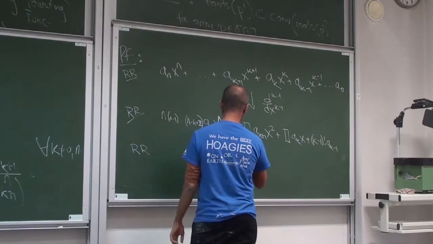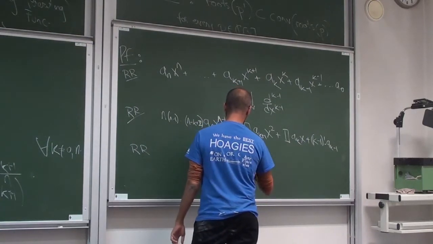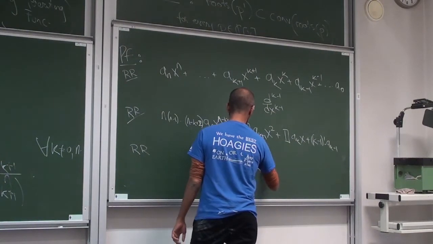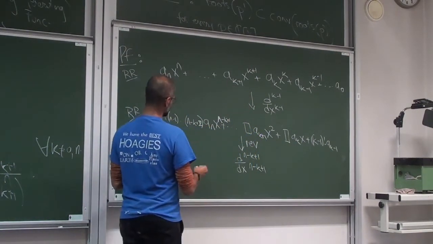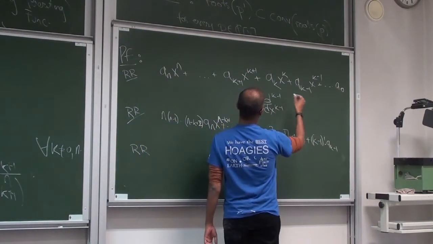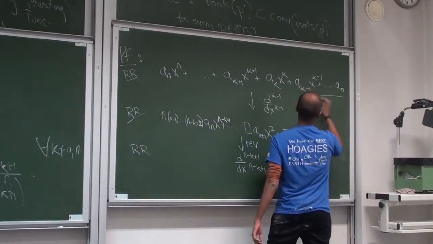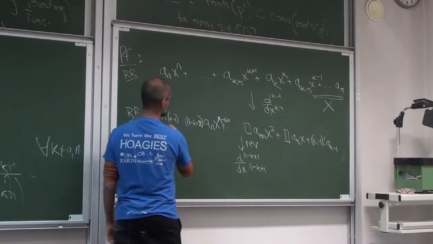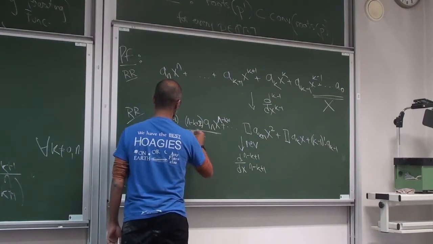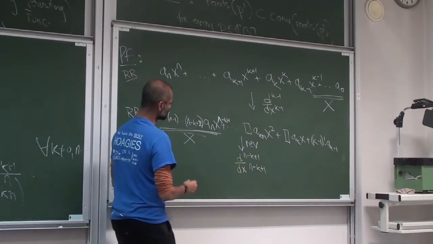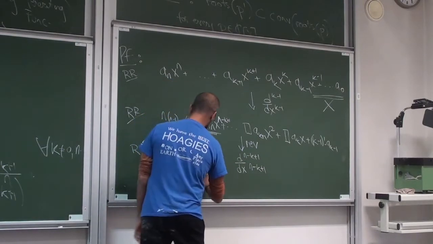So now I'm going to differentiate it n minus k plus 1 times, or whatever is required to kill off these terms. I differentiated it here to kill off these terms. Then I reversed it. Now I'm going to differentiate it again to kill off these terms. And what do I get in the end?